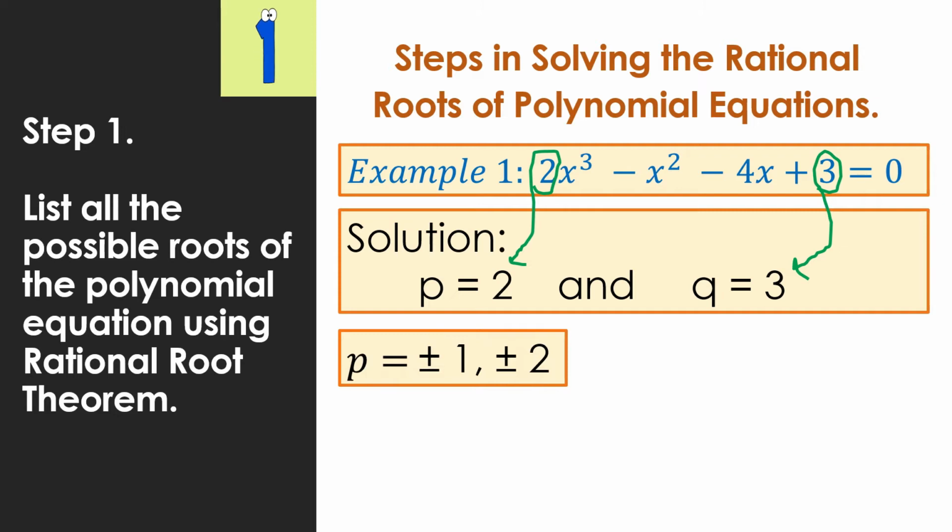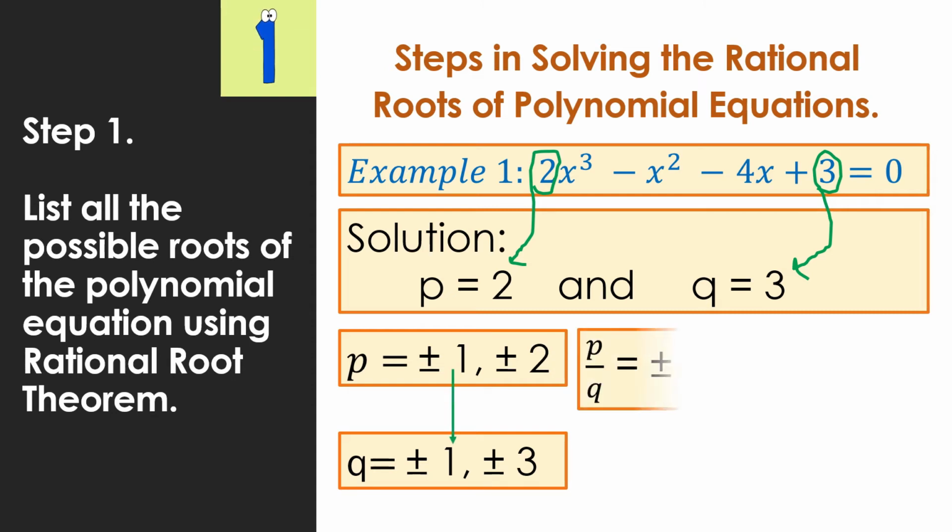And then we will get the factors of p and q. Since the possible roots can be positive or negative, the factors of 2 are positive and negative 1, and positive and negative 2. And then the factors of 3 are positive and negative 1, and positive and negative 3.